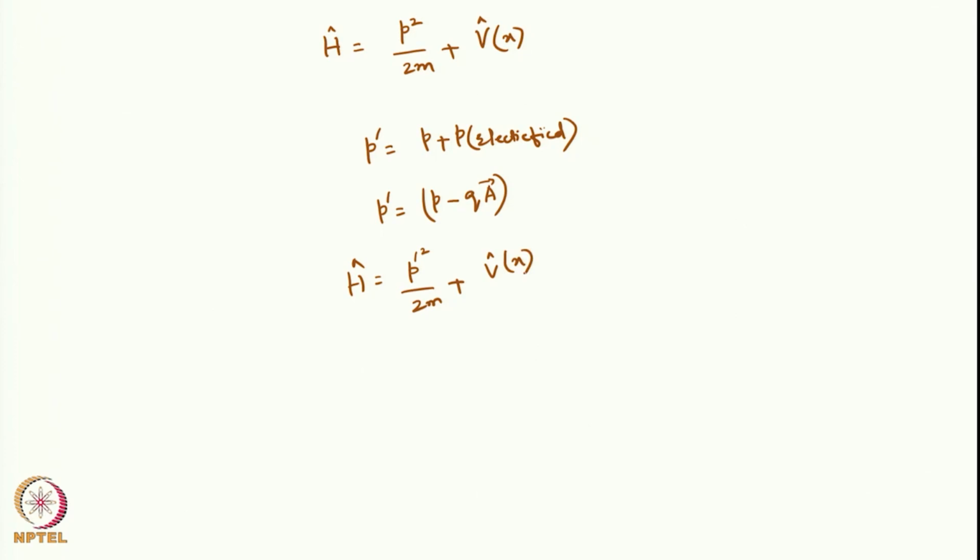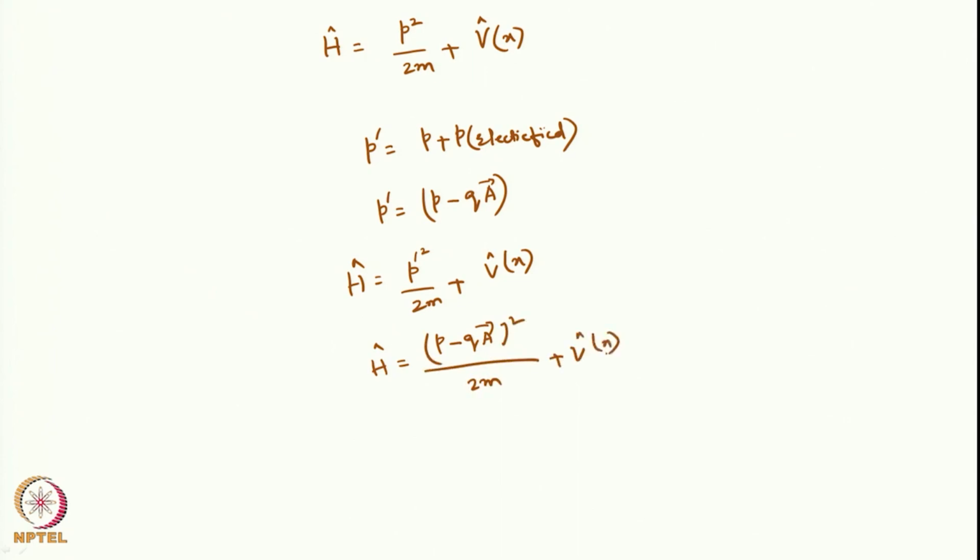Now let us write this in terms of the corresponding operators. So H is equal to (p minus QA) whole square by 2m plus V of x. Why V of x?